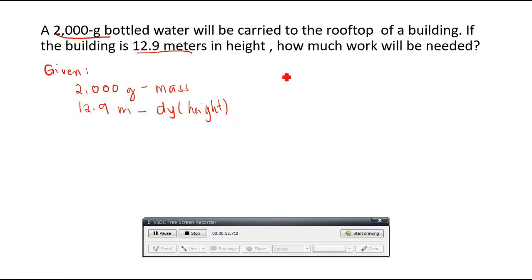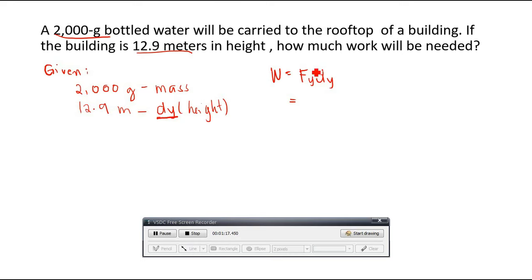So we can now solve for work. Work is equal to force y times dy. Again, we use this formula because dy is already indicating the direction of the force. For your force, we don't have the force yet. You have the mass here.